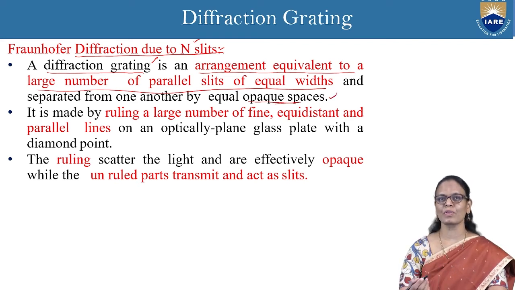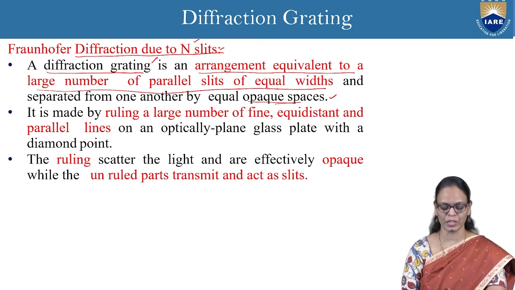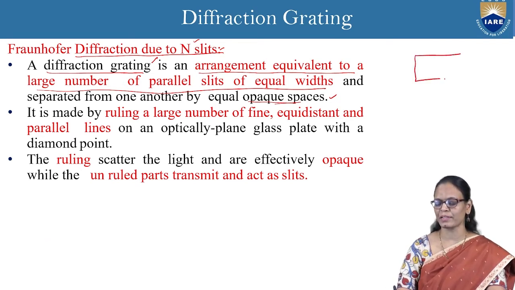Opaque means through which light cannot pass. So how is it made? It is made by ruling a large number of fine equidistant parallel lines on an optically plane glass plate with a diamond point. So you take a plain glass plate like this.